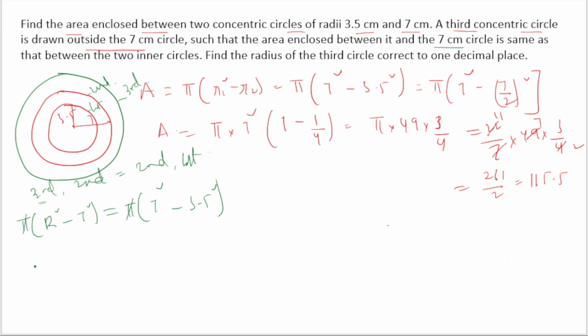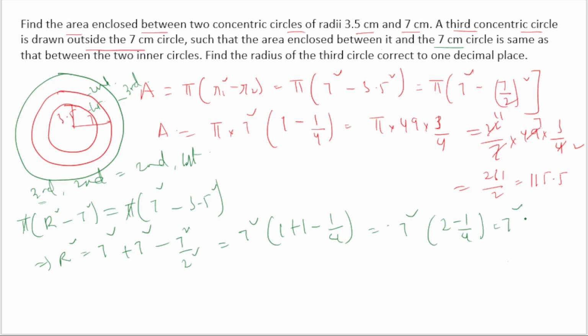Here pi and pi will be cancelled. Here r square is equal to 7 square plus 7 square minus 3.5, which is 7 by 2, 7 square divided by 2 square. If you take 7 square common, we'll get 1 plus 1 minus 1 by 4. It is 7 square into 2 minus 1 by 4. Taking LCM, it is 7 square into 7 by 4. See, r square is equal to 7 square into 7 by 4.